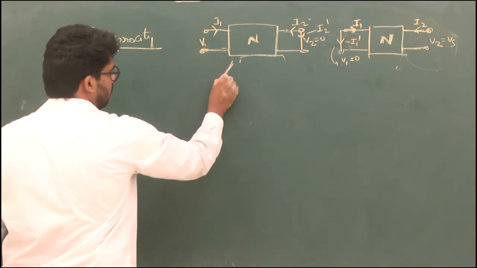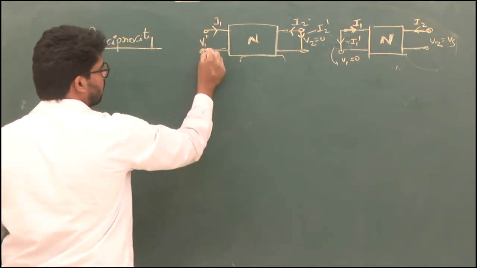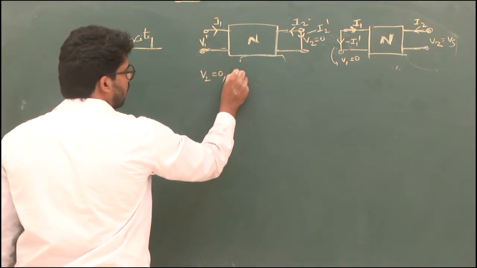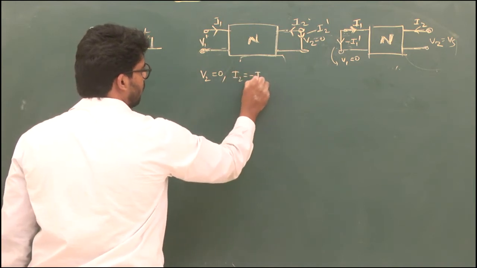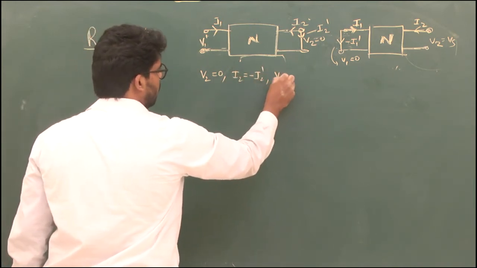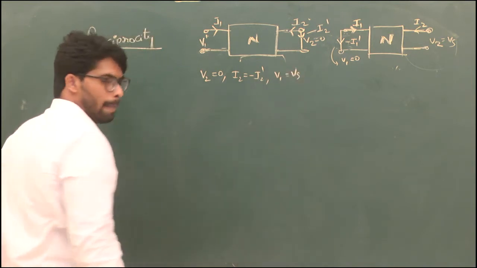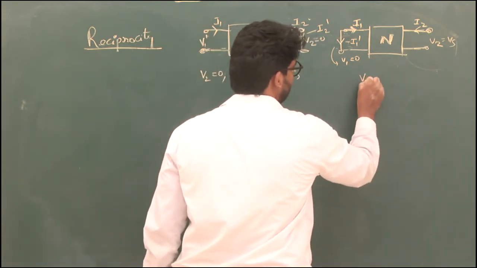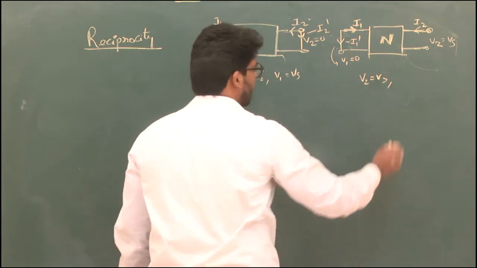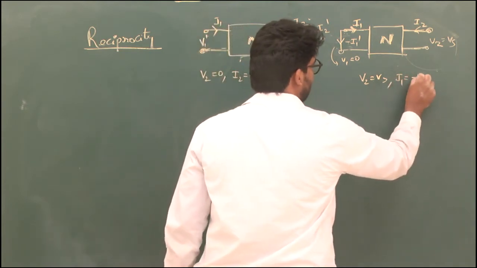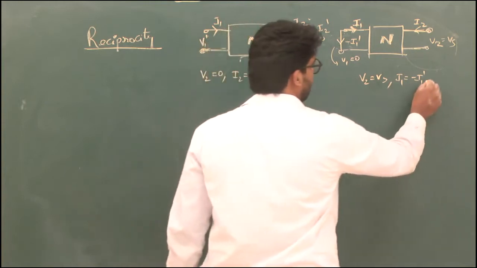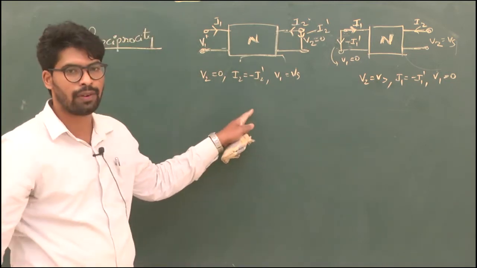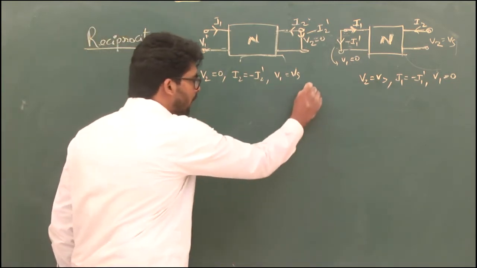For this circuit, the assumptions we have are V2 equal to 0 and I2 equal to minus I2 dash, and V1 is Vs. Okay, the same source I am keeping from input to output here. Now here what happens is V2 equal to Vs and I1 equal to minus I1 dash and V1 equal to 0. Okay, these are the main tools to find the reciprocity theorem.